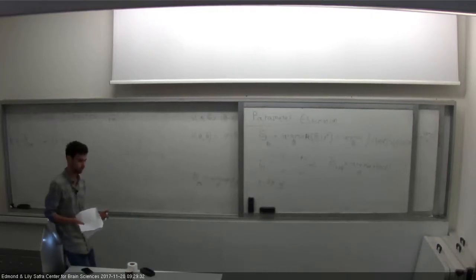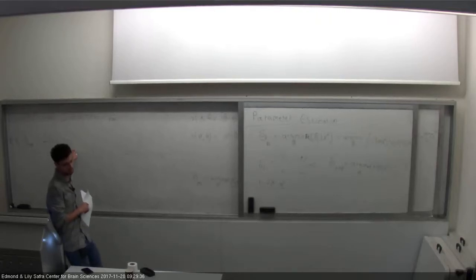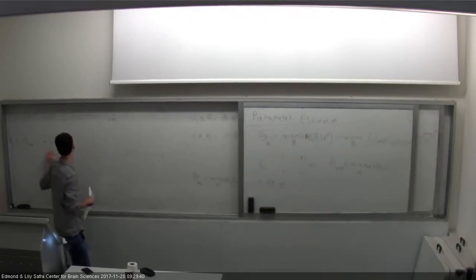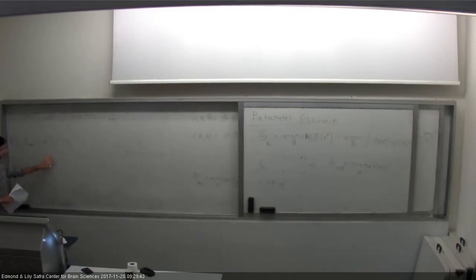This is the intuition of the estimators. If we don't have a prior, we saw that the maximum likelihood is sum over xi divided by n, right? We saw it before.